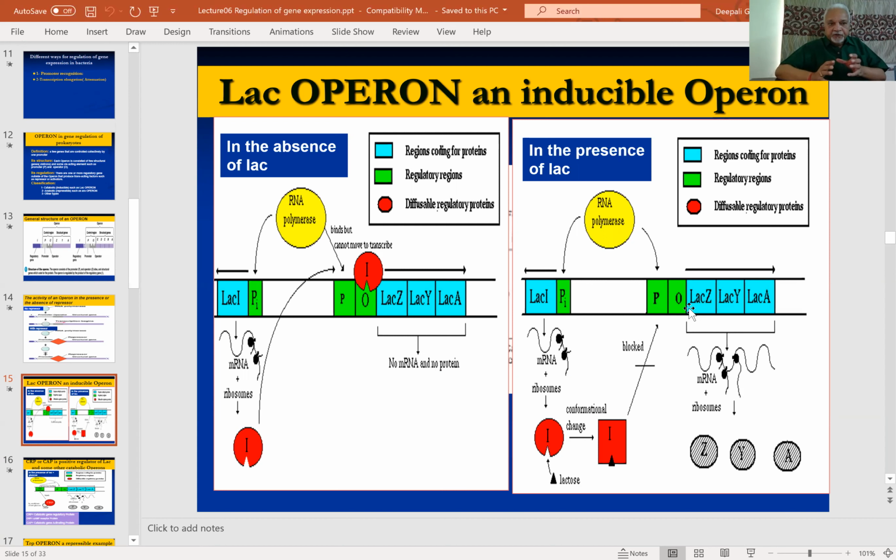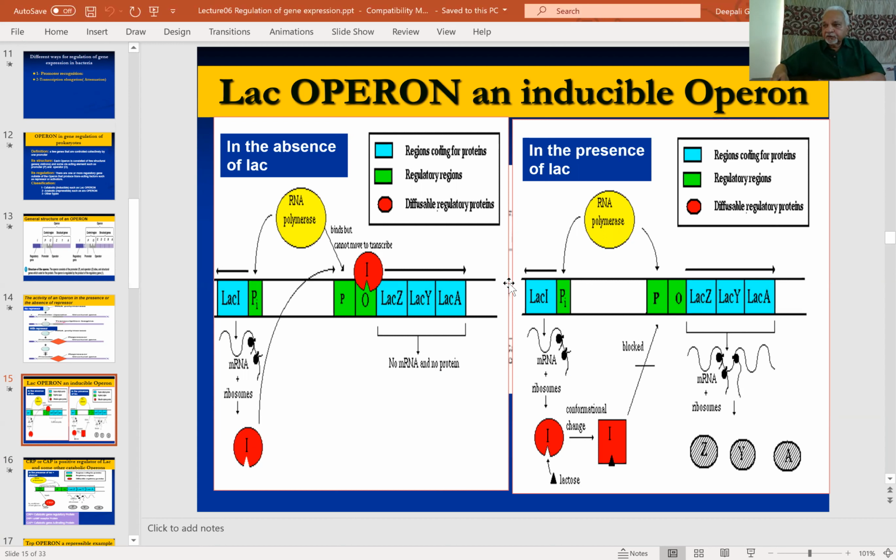So in the presence of lactose, you see the expression of these genes. In the absence of lactose, you don't see the expression of these genes because the products are not required. There is no lactose to be taken inside and degraded into simpler forms. That is because of this inhibitor. It keeps this operon in check in the absence of lactose.